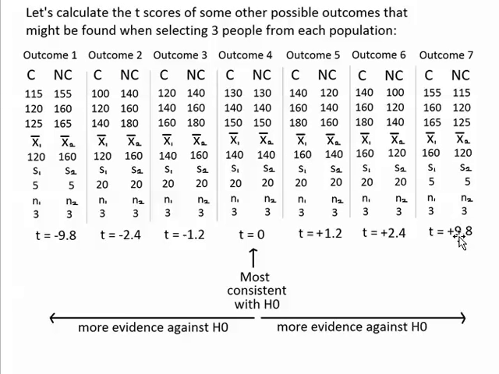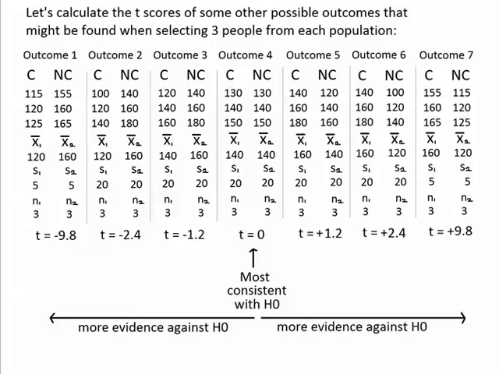So a big t-score convinces you that H0 is false, because if you have a big t-score, like here, that means that the sample means are pretty far apart, and it means that you have a convincing outcome that H0 is false.